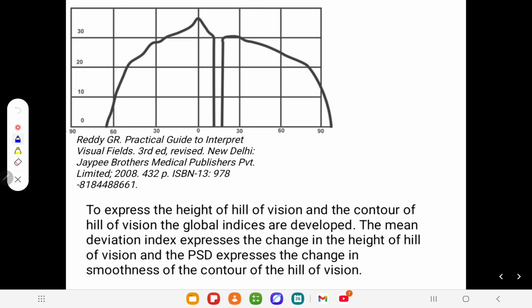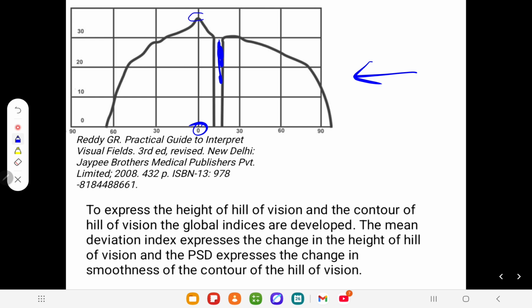So all the concept of global indices, a single digit or whatever number, comes from the concept of the hill of vision. This is the blind spot, and this is the center of fixation, 0 degree, which is fovea macula.